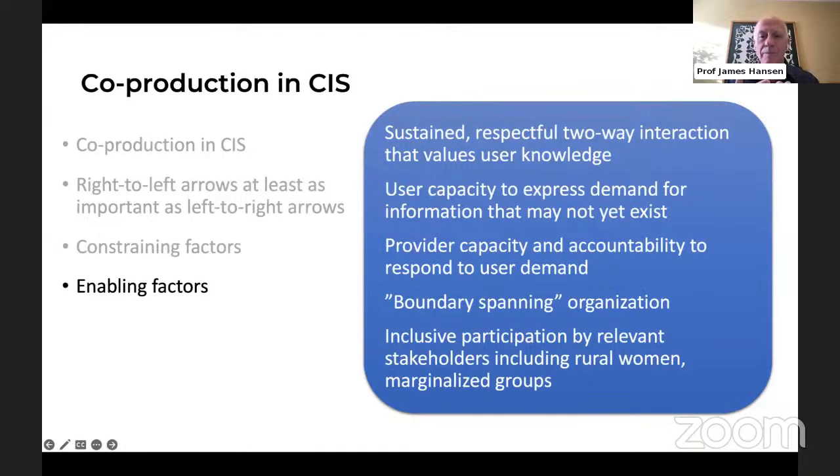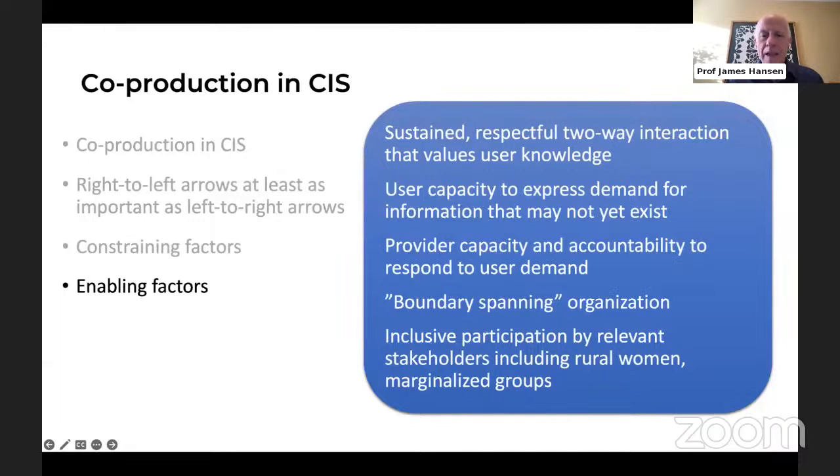In our case, we're talking about agriculture, farmers, and that's able to use that knowledge to bridge the gap between the end users, the farming community, the agricultural sector, and the meteorological service, the information providers. We can understand the jargon of both and translate the messages, that can amplify farmers' voices, that has the knowledge and influence to be able to negotiate on behalf of users with the meteorological service and maybe build their capacity to respond to those demands.